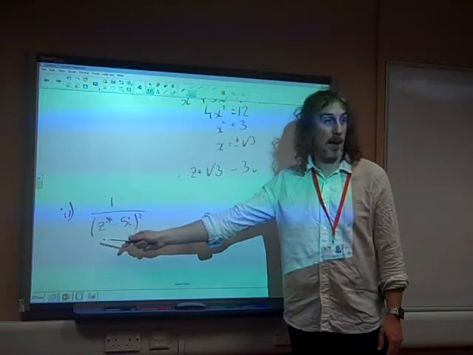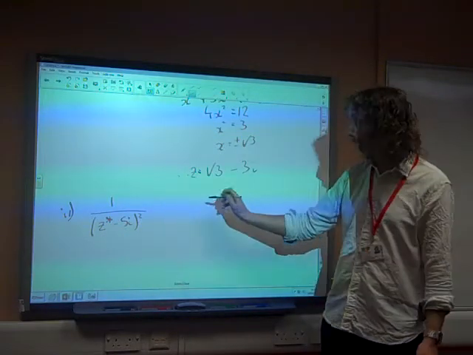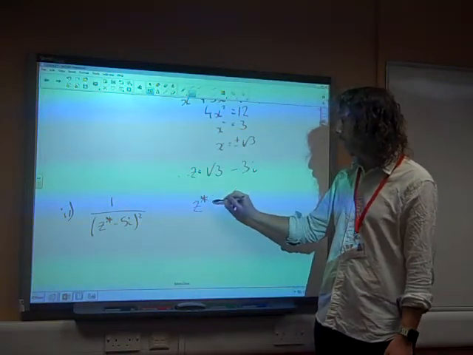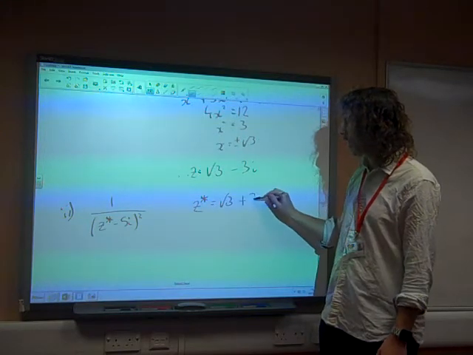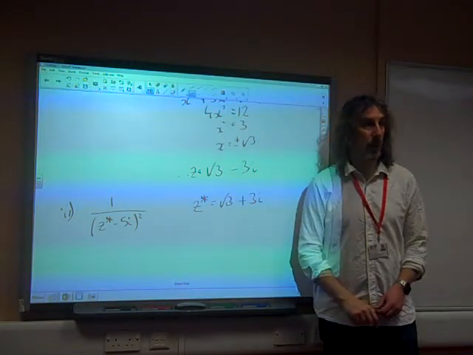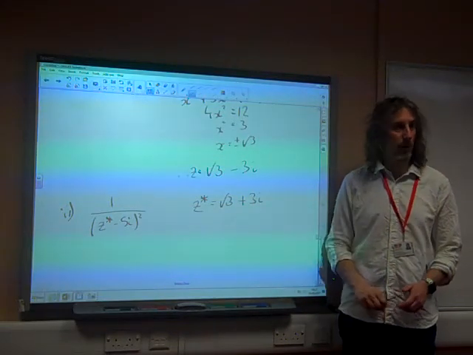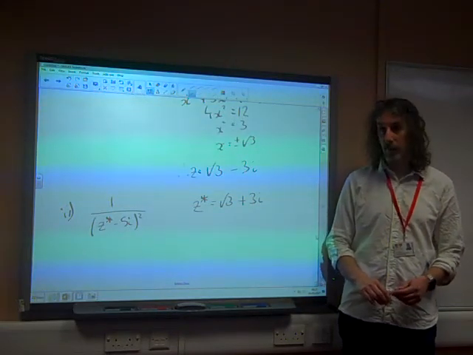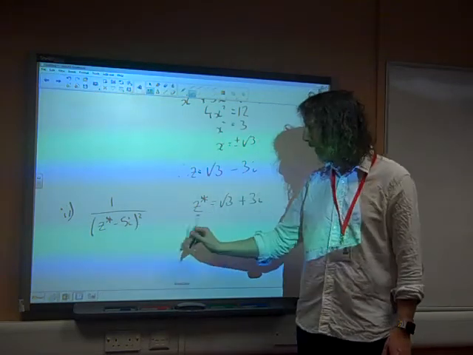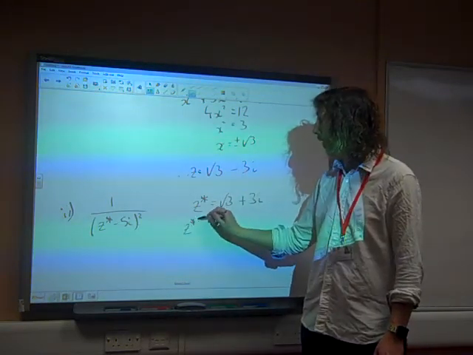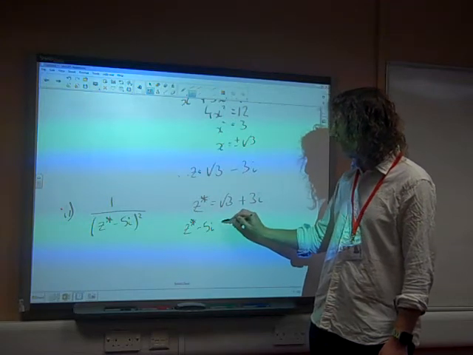Z star appears in there, so clearly there's going to be a mark for recognising that the complex conjugate of z involves changing a minus to a plus for the imaginary part of your number. So that's the first thing. We need to work out z star minus 5i, because we're going to square that in a minute.